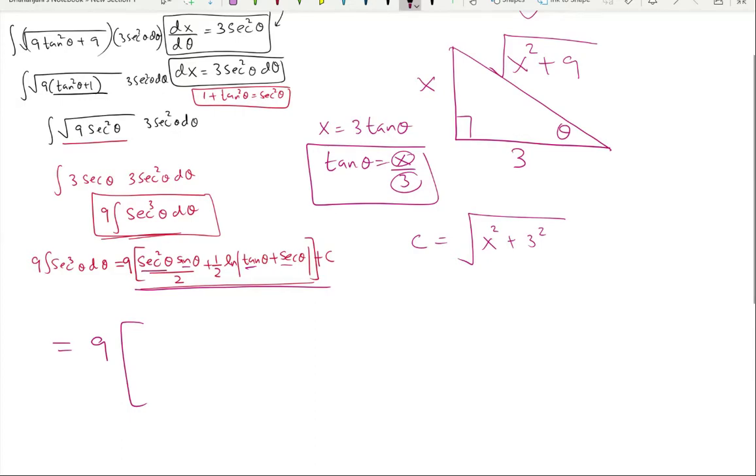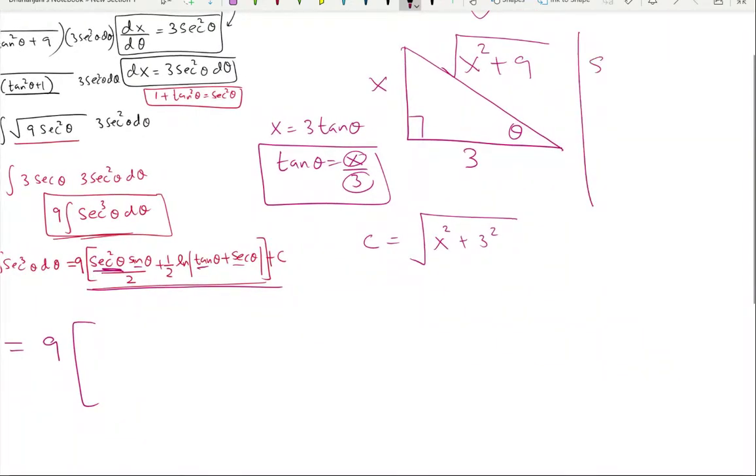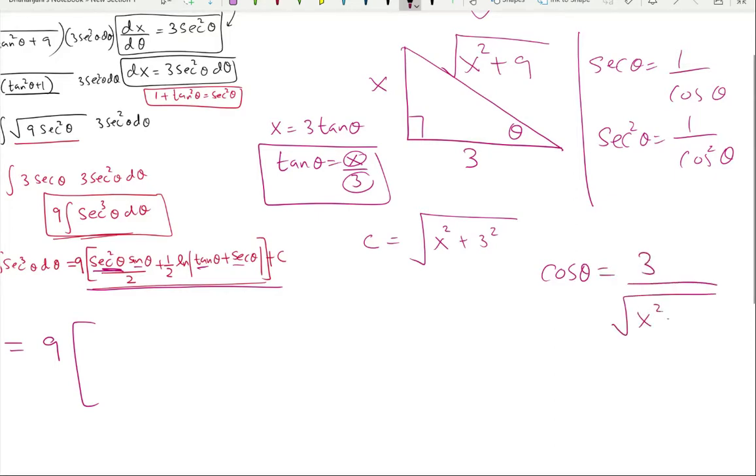Now secant square theta. So from the triangle, how do we find secant square theta? Well, secant theta is 1 over cosine theta. Secant square theta is then 1 over cosine square theta, right? Just square it. So what is cosine theta? Cosine theta from the triangle is 3, that's the adjacent side, over the square root of x square plus 9.